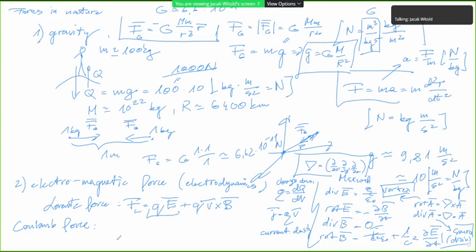Then it resolves pretty simply to something like this, that the Coulomb force F_C is equal to 1 over 4 pi epsilon 0, where epsilon 0 is the electric permittivity of void. It's an important physical constant which corresponds to electromagnetic field propagation in void.